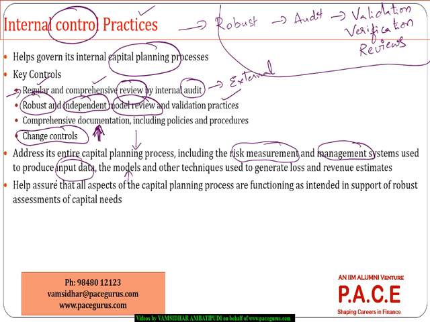And when any BHC is following all these things, it really helps them to assure that all the aspects of the capital planning process are in line with the business model of the BHC, and they are functioning as intended by the supervisory authorities, and they are really in line with efficient and robust estimation of the capital requirements of the BHC.